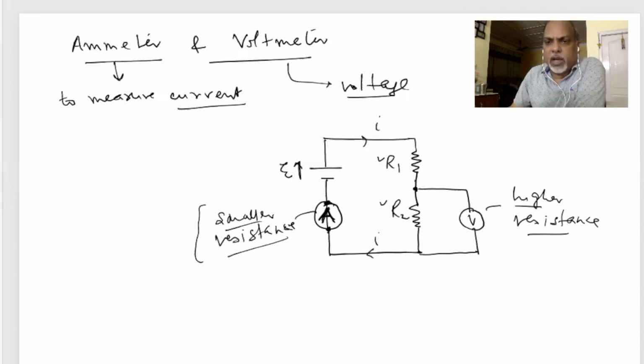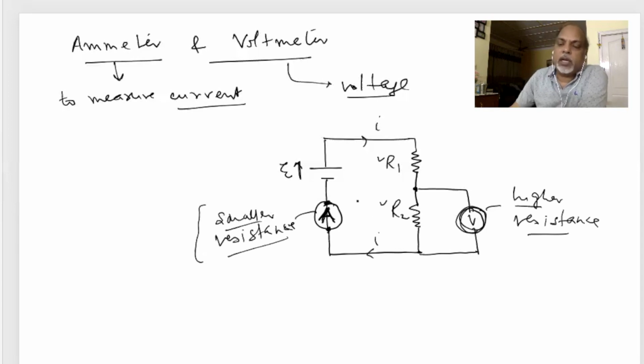Otherwise, the maximum portion of the current will be bifurcated here through the voltmeter, and it will again alter the resultant current, that is I. Okay, so voltmeter should be having high resistance, ammeter should be having a small resistance.